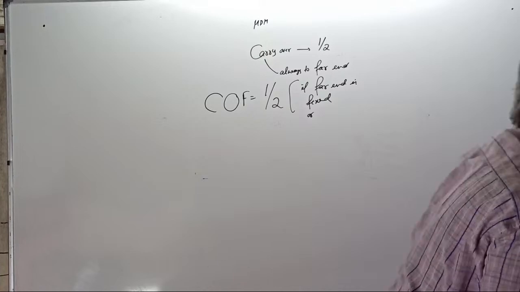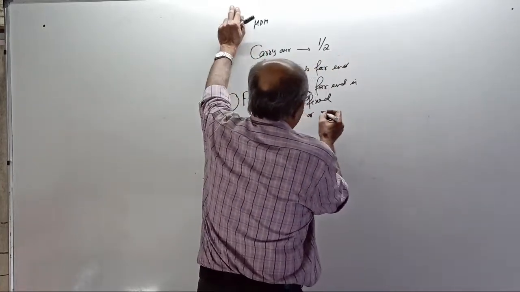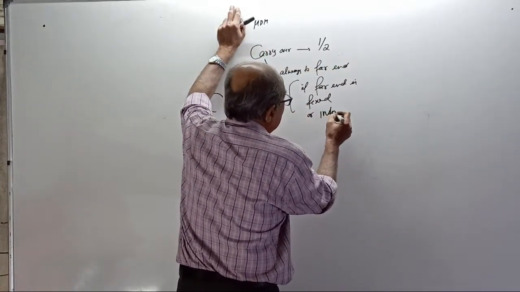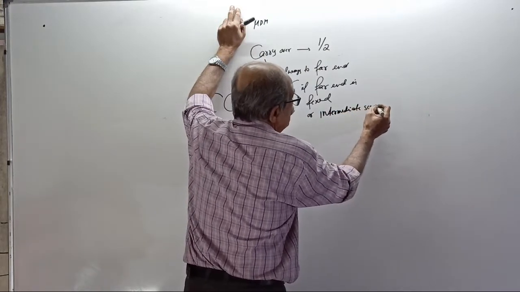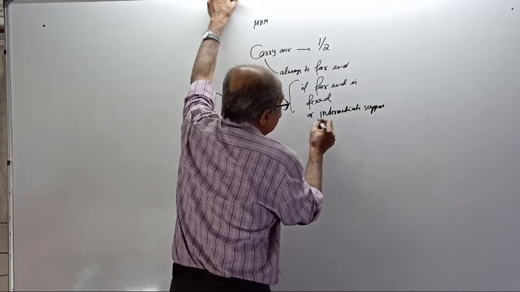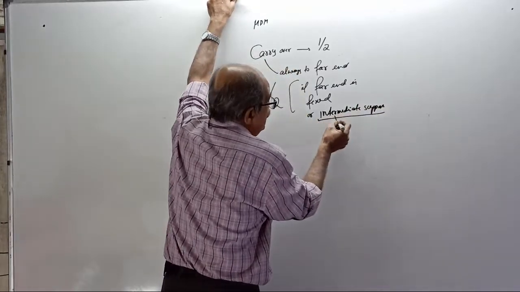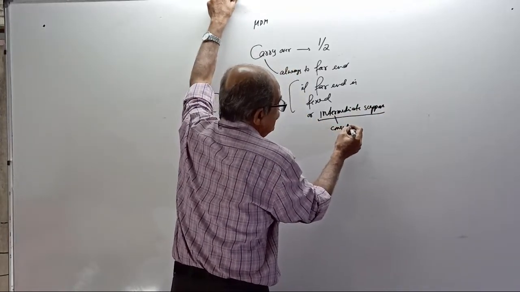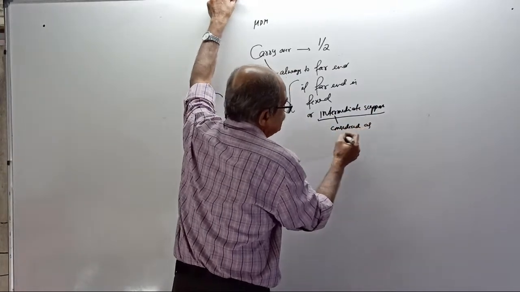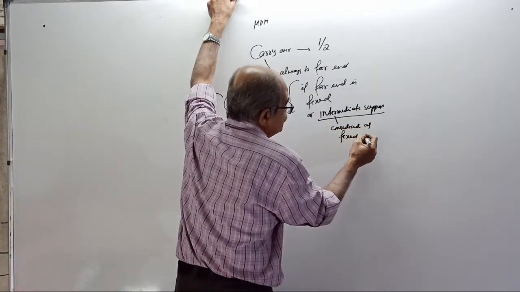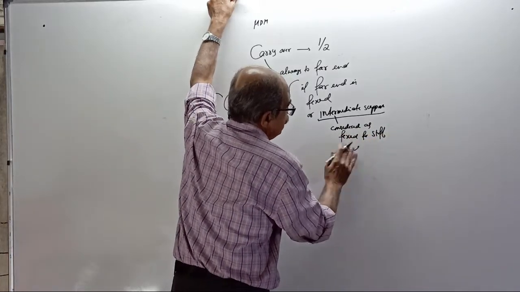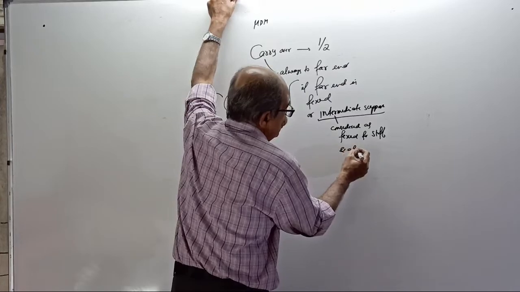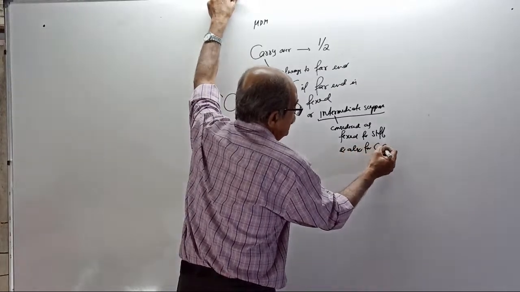Okay. Either it is fixed or it is intermediate. Why intermediate support? Because an intermediate support is considered as fixed, not really fixed actually, but fixed not only for stiffness but for stiffness and also for carryover.